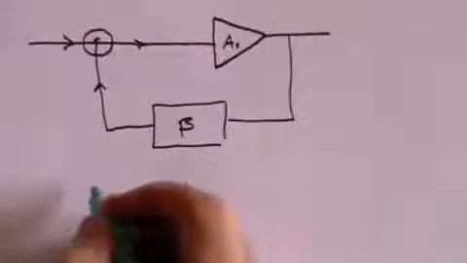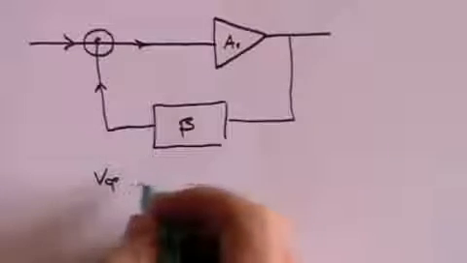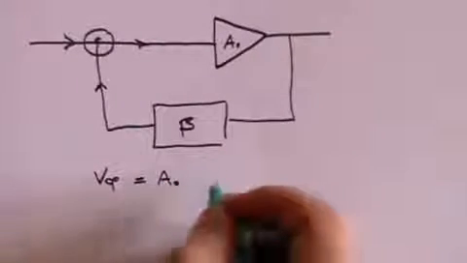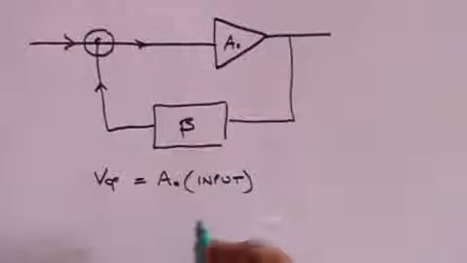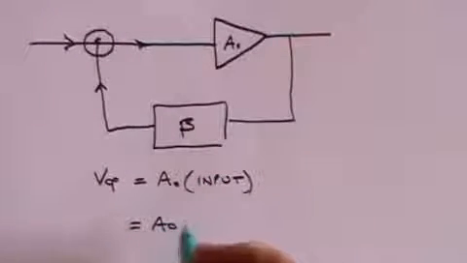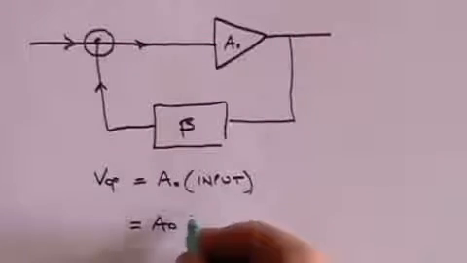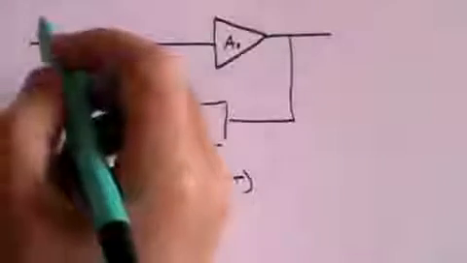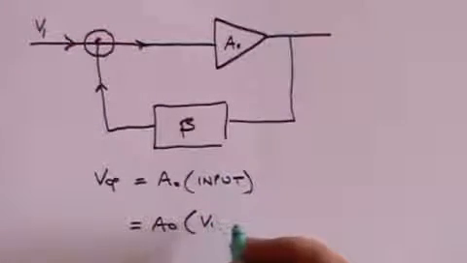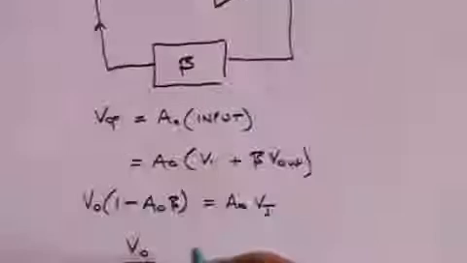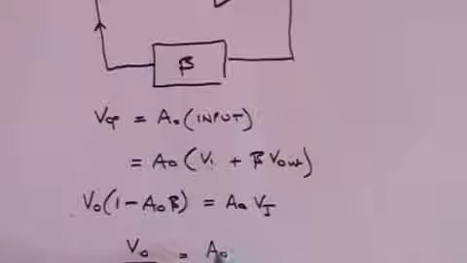In essence, the output voltage is equal to the gain times the input. That is equal to A0, the gain, times V in, the input coming in here, equals A0 divided by 1 minus A0 beta.